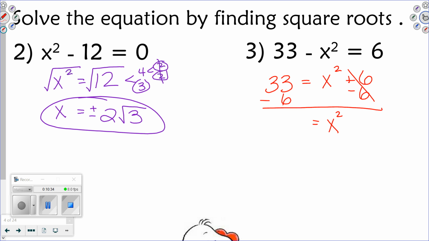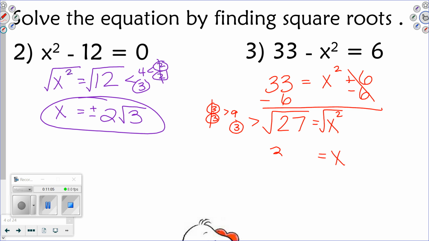So x squared equals 27. Need to wake up those brains this morning, guys. All right. x squared is totally by itself, so we'll take the square root of both sides. So x equals square root of 27. Very nice. Again, that's a factor tree for those of you.